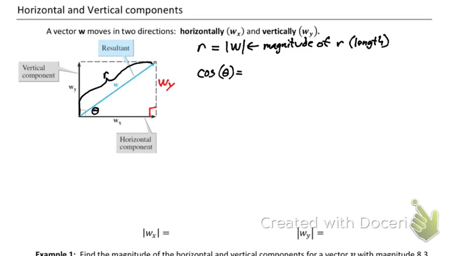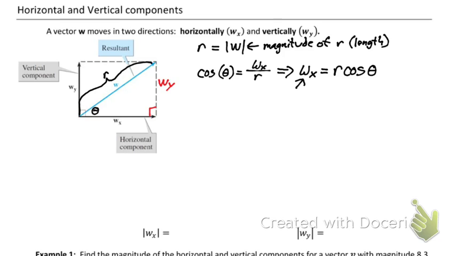Well, our adjacent right now is W sub x over our hypotenuse, which is the length of our hypotenuse. Therefore, if I'm talking about component form, our W sub x is going to equal r times the cosine of theta.